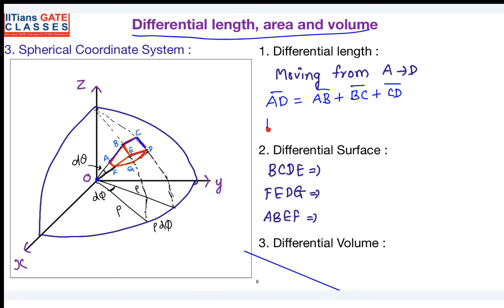When you are moving from B to C, what is going to change? B to C variation is the same as E to D. So E to D, what is the variation that happened? Rho into d phi, right? What is the value of rho in spherical?